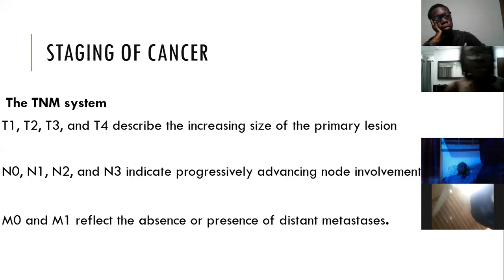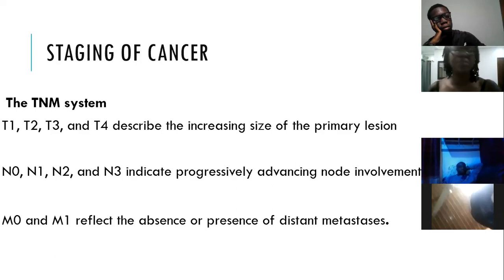Then we also have N0, N1, N2, N3. So N0 means no lymph nodes are involved, and N1 to 3 means progressively advancing lymph node involvement. Then the M, which stands for the metastasis, is either present or not.